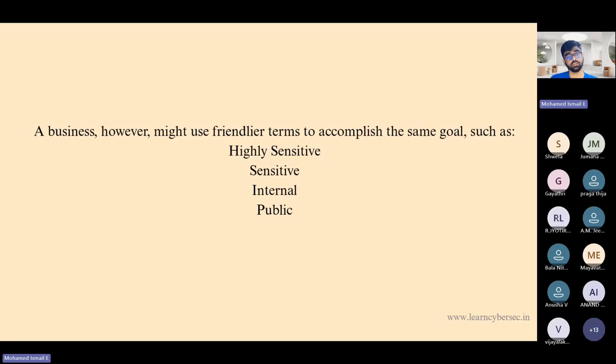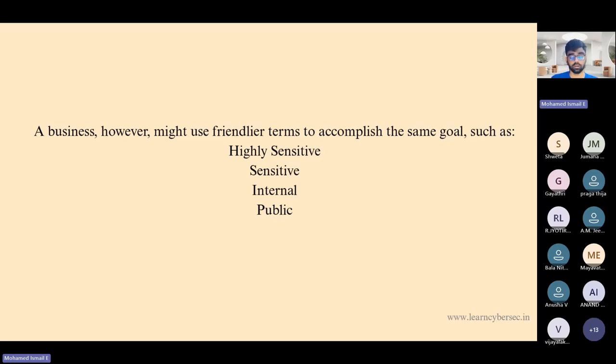If they put sensitive, that data might have some highly confidential information. If that data gets leaked, maybe the company runs into trouble. Highly sensitive means if the data gets shared outside, the company may be in trouble, or it may invite problems from the governing body or respective government agencies.